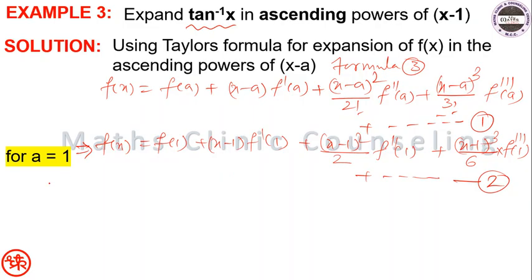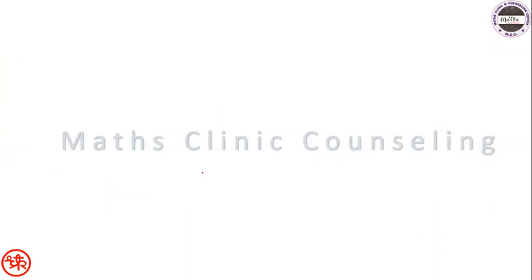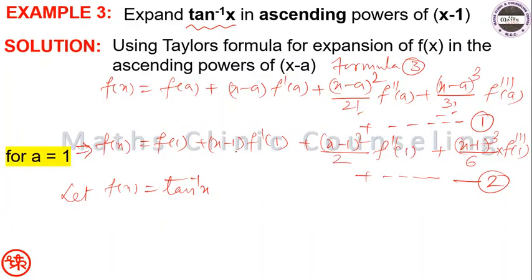Now let f of x be equal to tan inverse x. Is that clear? So therefore f of 1 is equal to tan inverse 1, and how much is tan inverse 1?